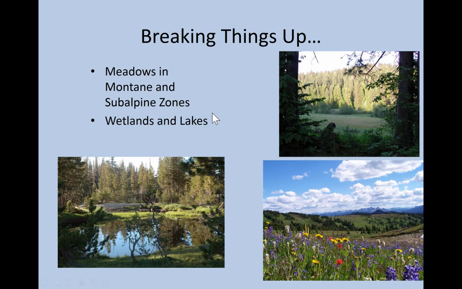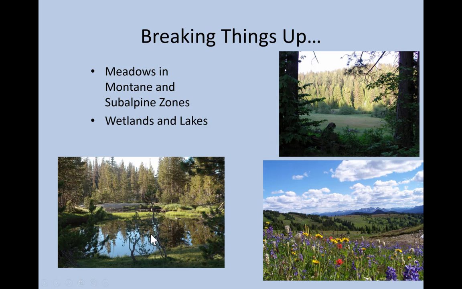Wetlands and lakes are particularly important. They're the source of a lot of the biodiversity, both in plant terms and animal terms, that we find in mountains. Especially, these provide some crucial habitats for a lot of birds, a lot of animals, even a lot of insects and fish that we wouldn't necessarily see in the more forested regions.